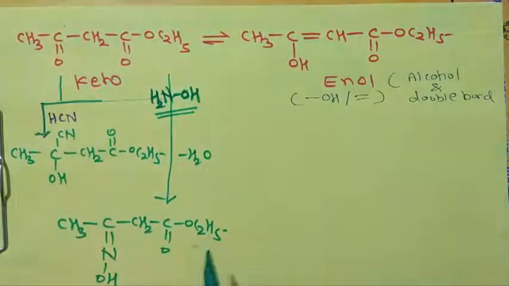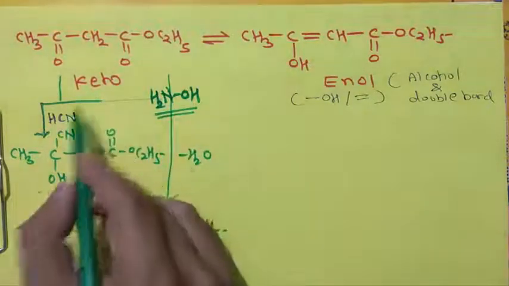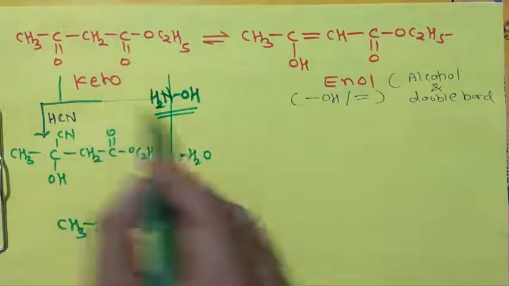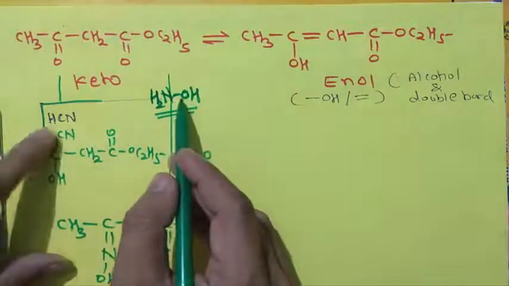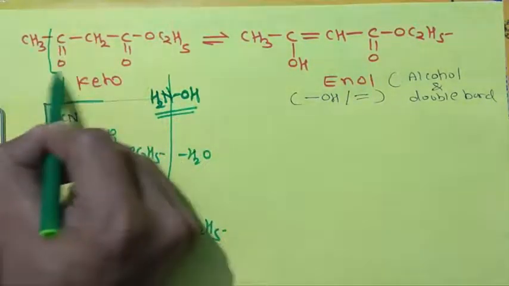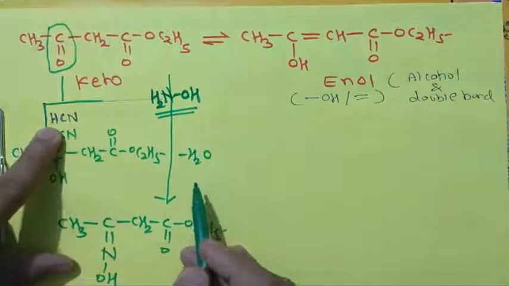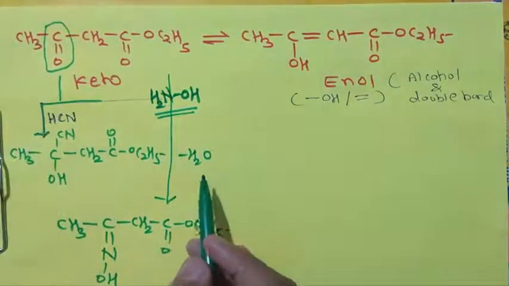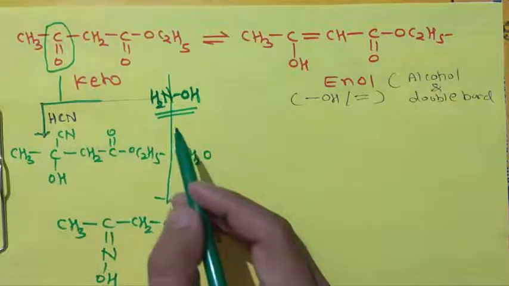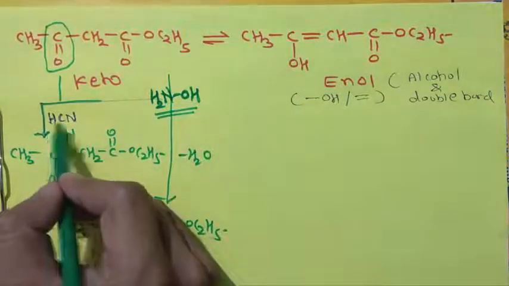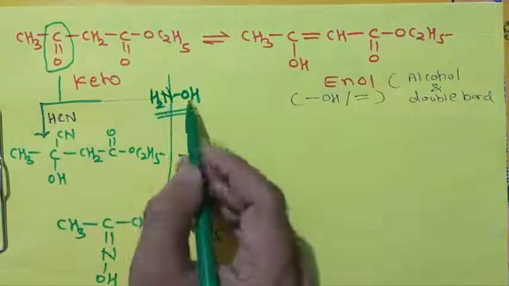This means the reaction can happen. Simply, it is reacted with hydrogen cyanide and also with NH2OH. It is a special reaction of the carbonyl group. In the laboratory, we can detect whether the carbonyl group is present or not by using these reactions, hydrogen cyanide and NH2OH.